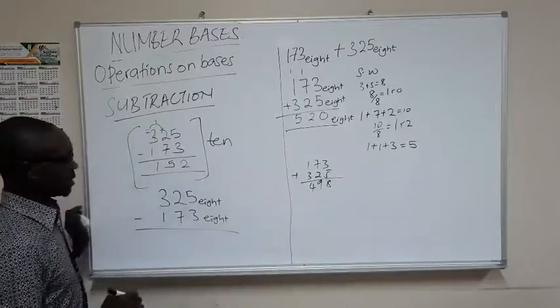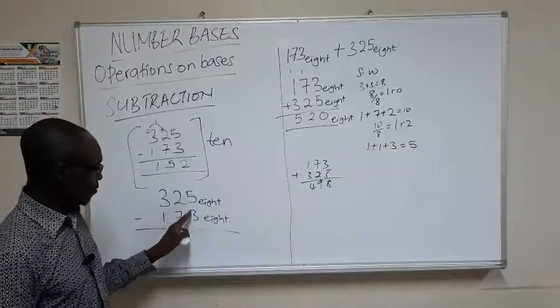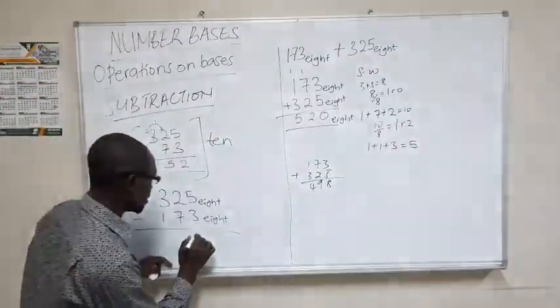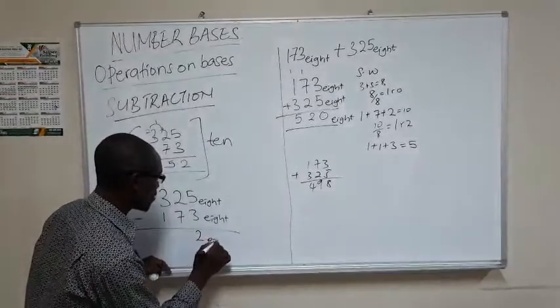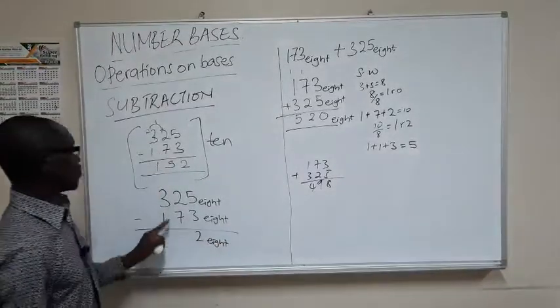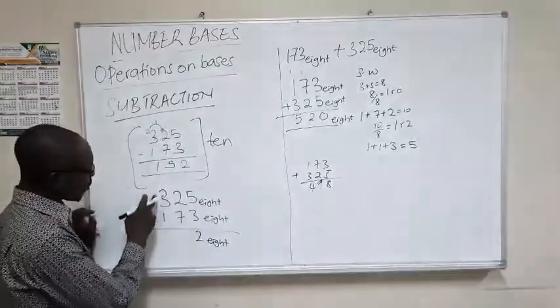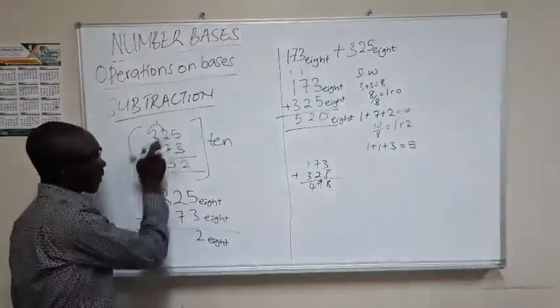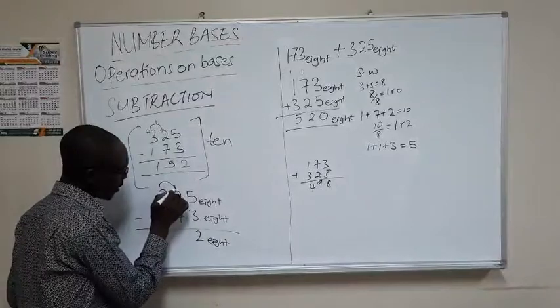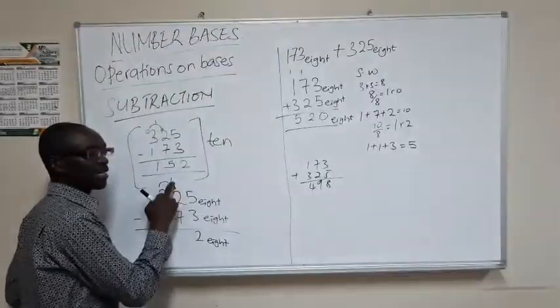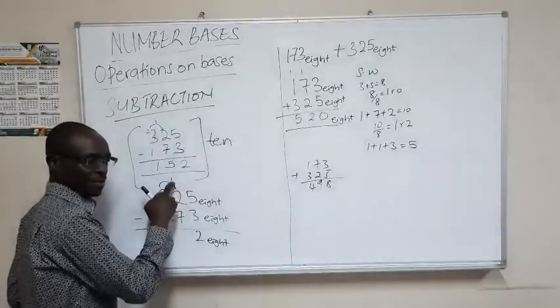How do you get that? We have 5 minus 3, we get a 2. The answer has to be in base 8 also. When we come here, 2 is less than 7. I borrow a 1 from this 3 as before. But now since you're in base 8, this 1 is standing for 8. Hope that one is clear.